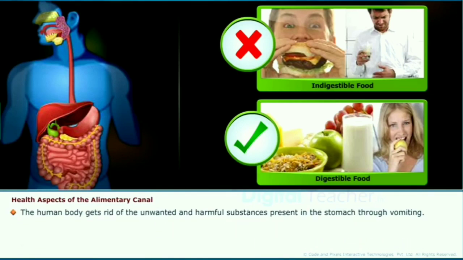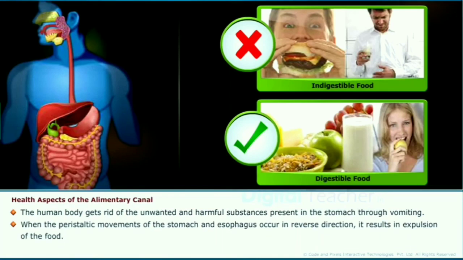The human body gets rid of the unwanted and harmful substances present in the stomach through vomiting. When the peristaltic movements of the stomach and esophagus occur in reverse direction, it results in expulsion of the food.